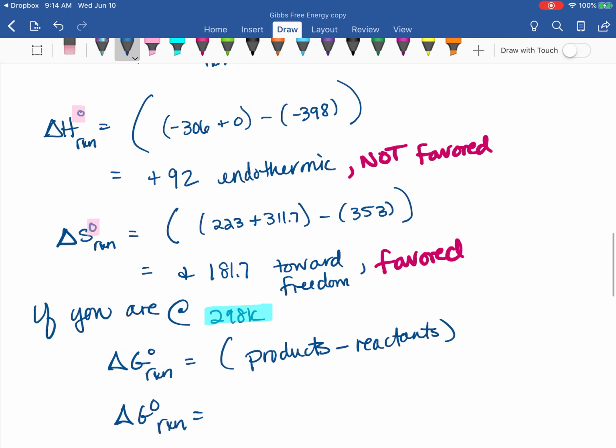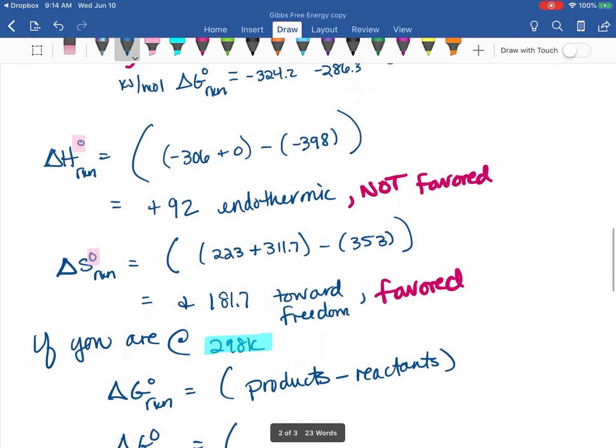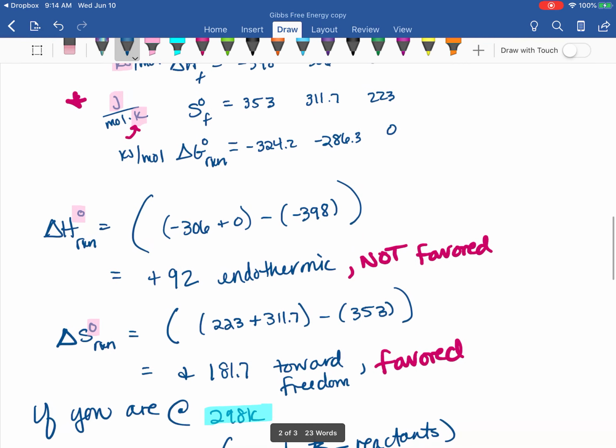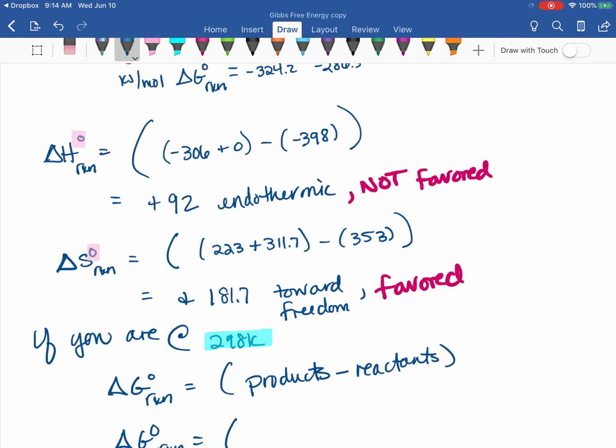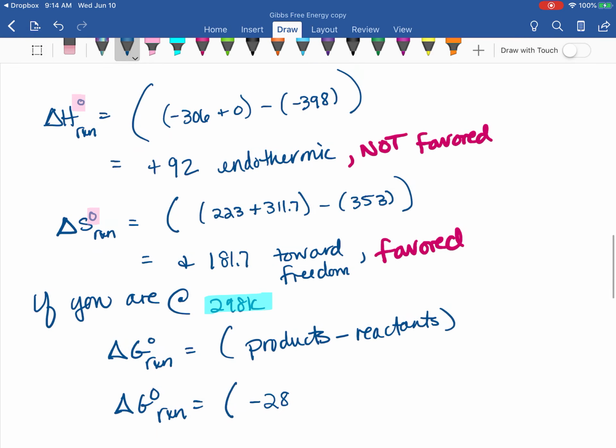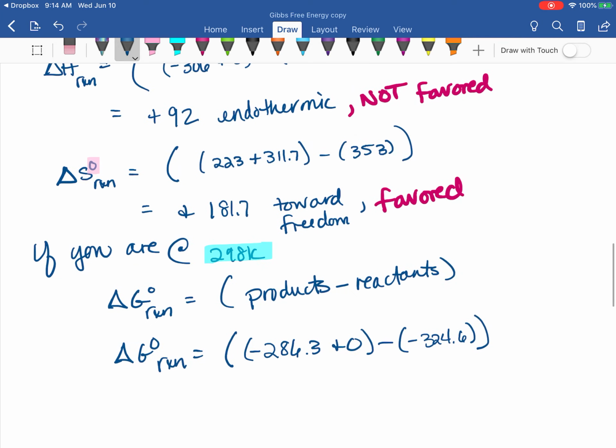All right, we've got delta G. Let's take those products minus reactants. So grab your calculator again and let's take some numbers here. All right, my products are, I got to scroll up just a little bit. That minus 286. And 0 minus those reactants. So minus 324. All right, grab your calculator. This one we haven't done already, so I need to grab my calculator as well.